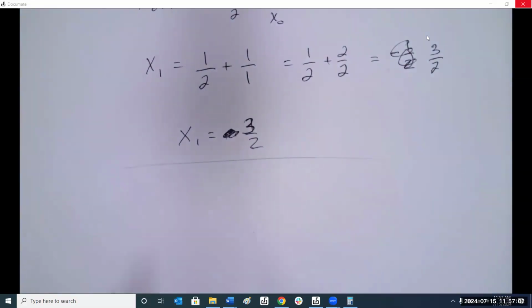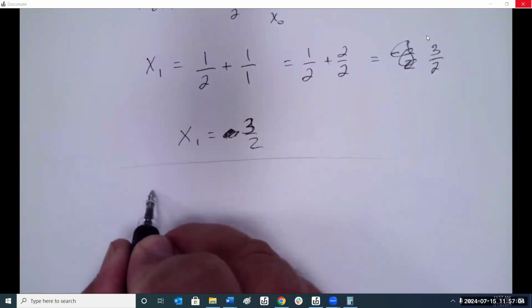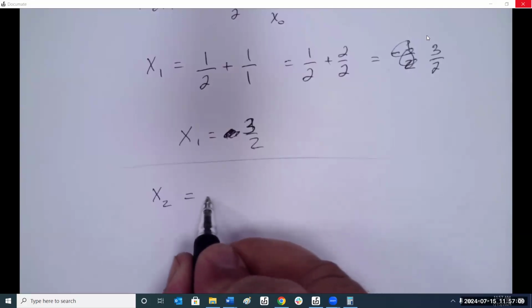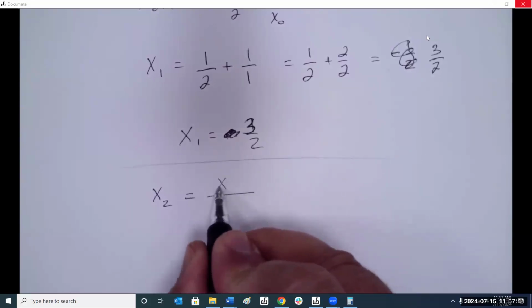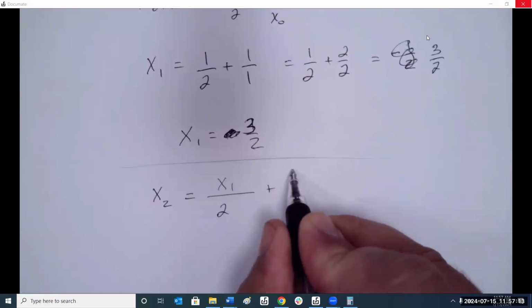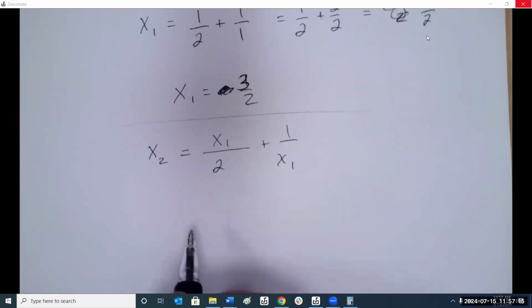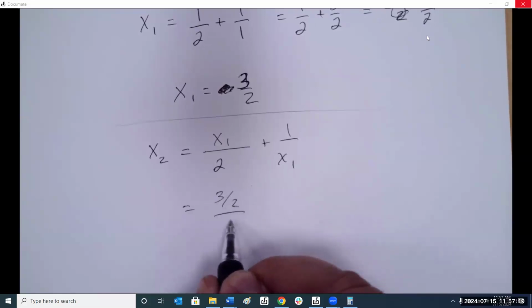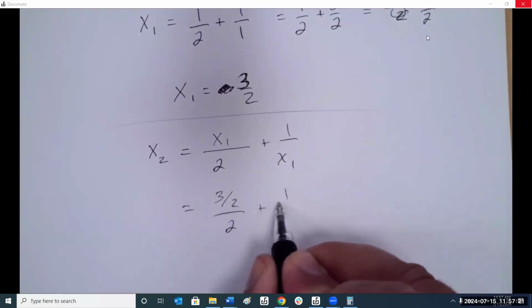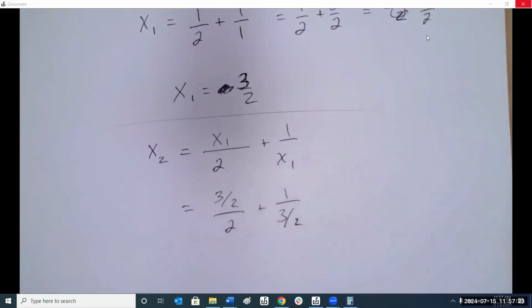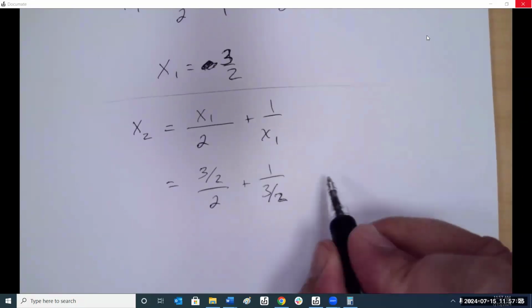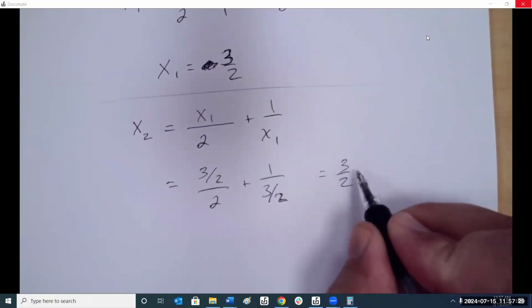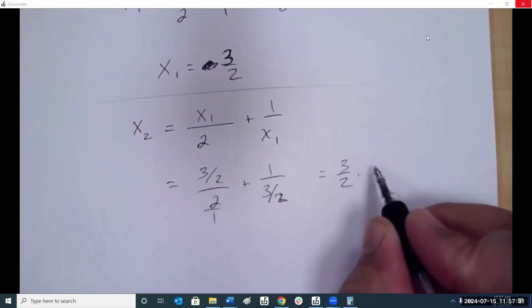So that's where we begin the next one. So that's x1. So now we go to x2, which we have x1 over 2 plus 1 over x1. 3 over 2 divided by 2. Take the top, flip the bottom.